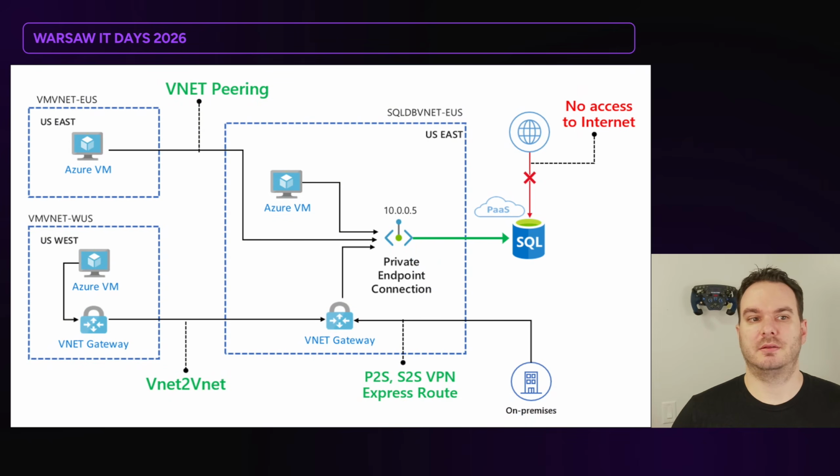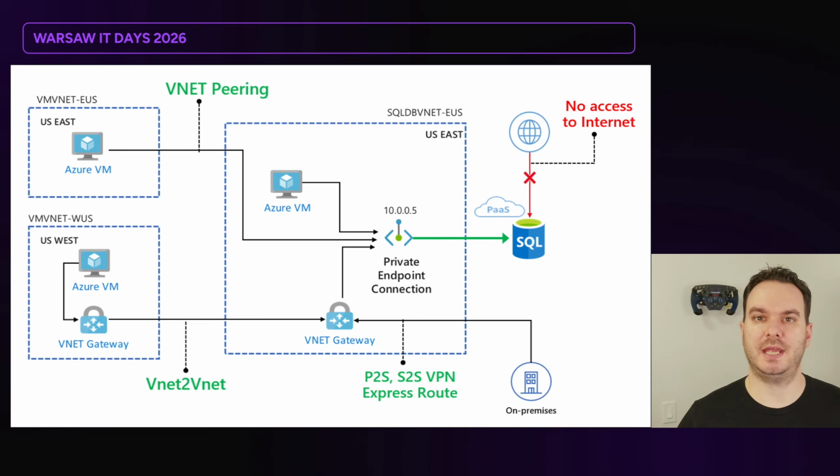Here we can see an overview of a very simple architecture, how this could look. So here we have different Azure VMs, and they can all connect to the SQL database over the private endpoint. We can see the IP address is 10.0.0.5, a private IP address, and the VMs can access it. What's important is it's not only within the VNET, I can implement VNET peering.